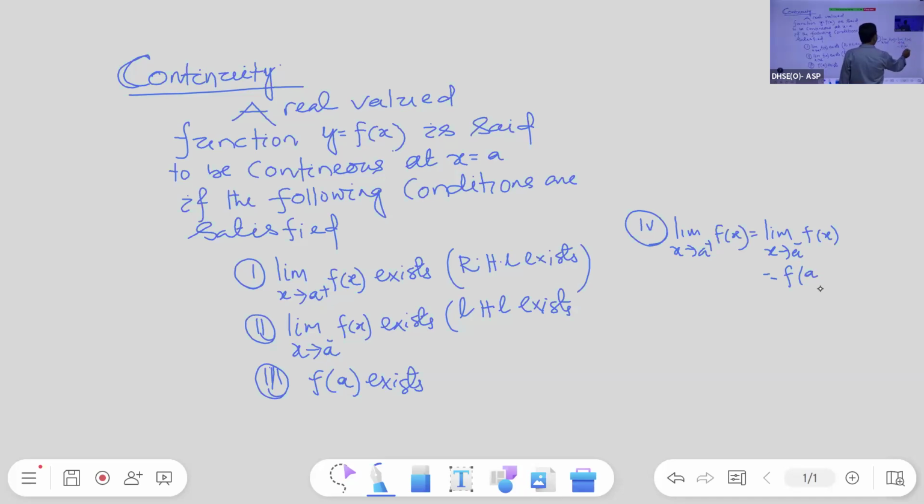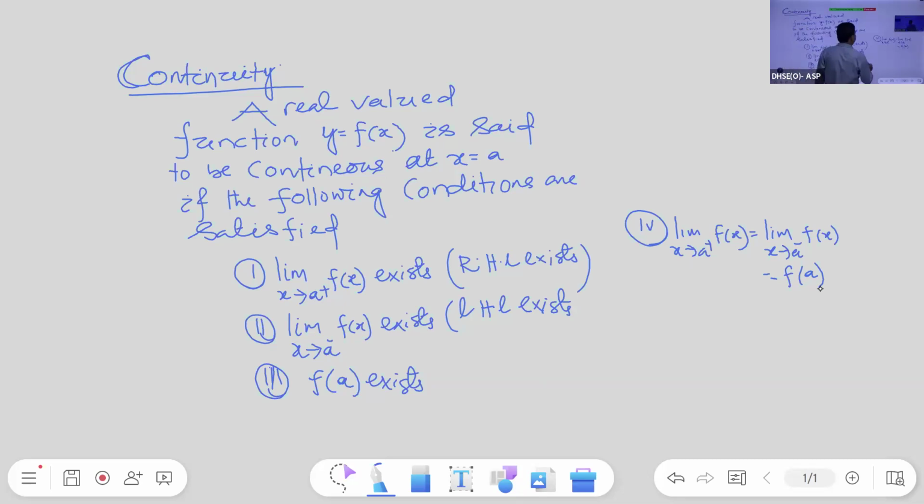Okay. If all the four conditions are satisfied by a given function at x is equal to a, then you can say that the function is continuous at x is equal to a. If at least one of the above conditions fails, then the function is said to be discontinuous at x is equal to a. Note it down.